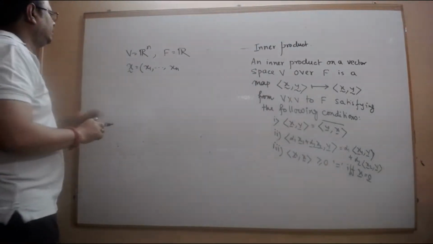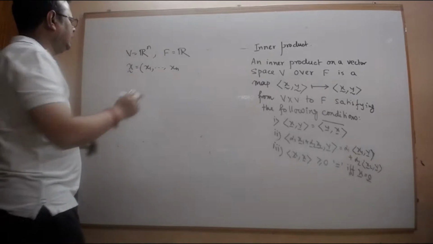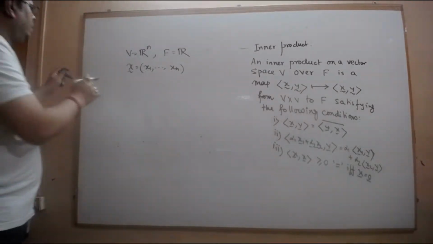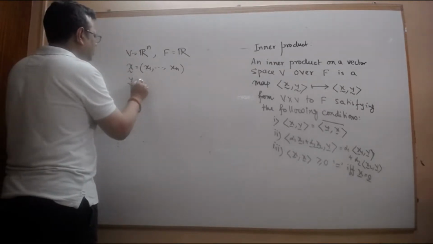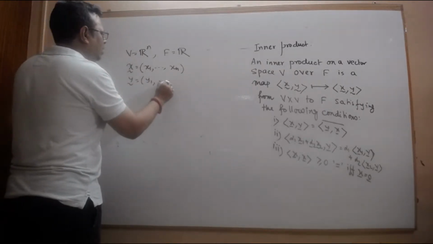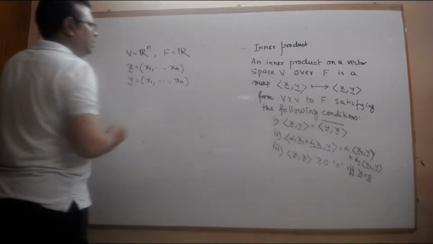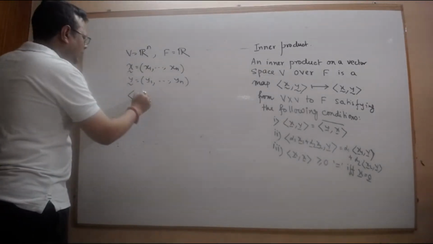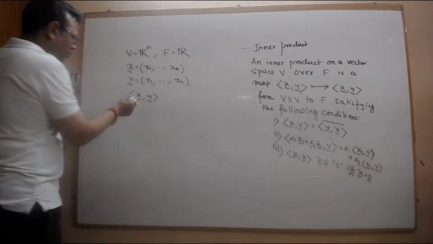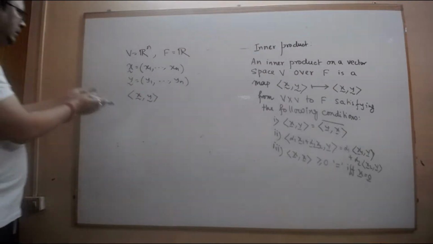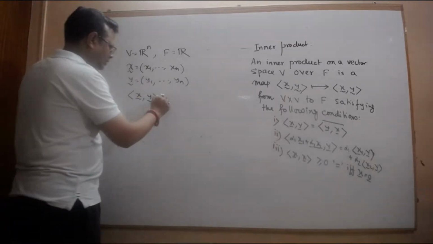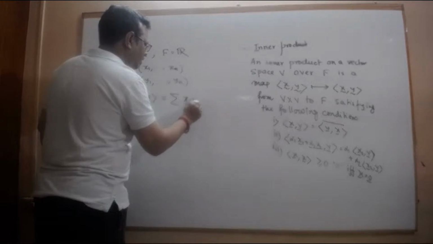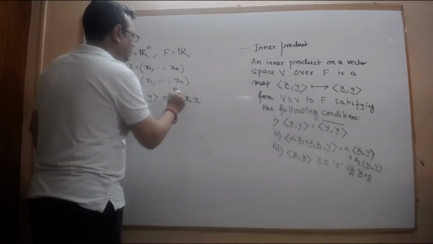So x⃗ has n components x1 to xn and y⃗ contains y1, y2, ..., yn. Then the scalar product or inner product is defined as the sum of xi yi, i from 1 to n.